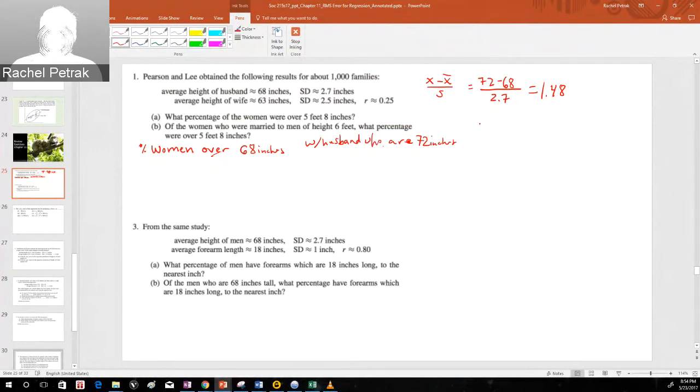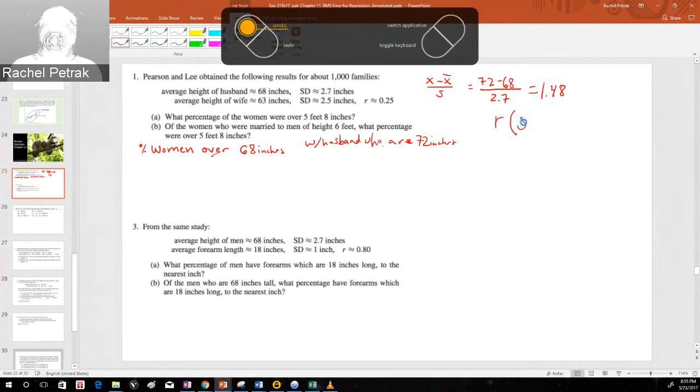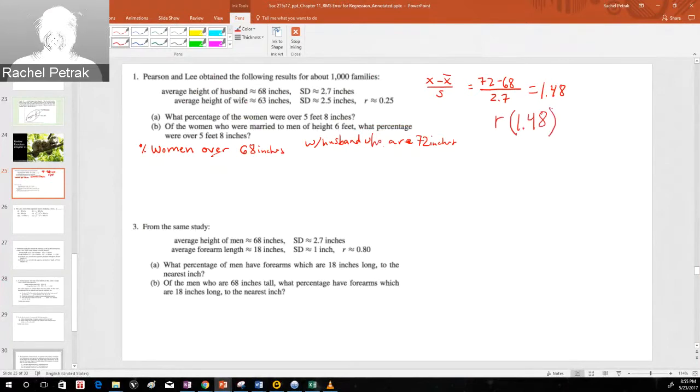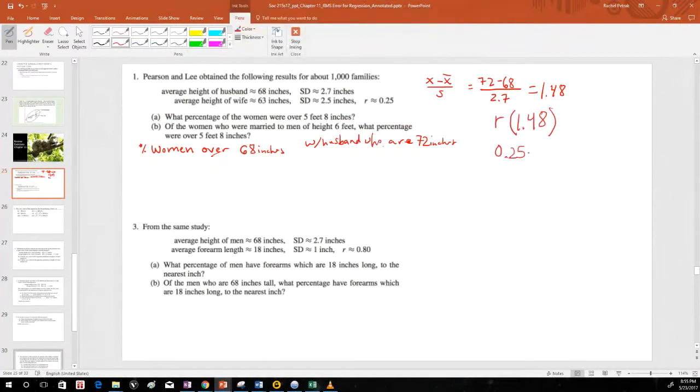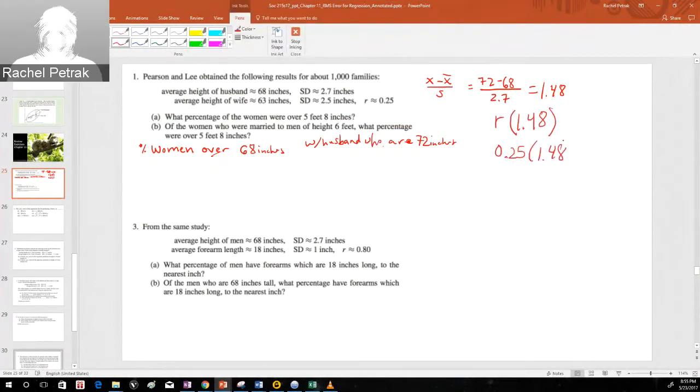Remember that we need r times the standard score of our husbands. So we're going to take r times 1.48. r was 0.25 times 1.48. And this will tell us how many standard deviations above the mean we expect the wives to be.